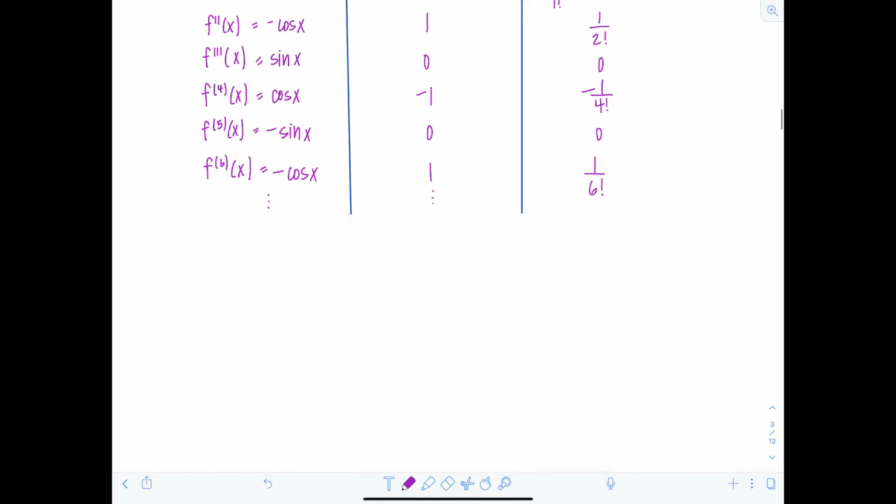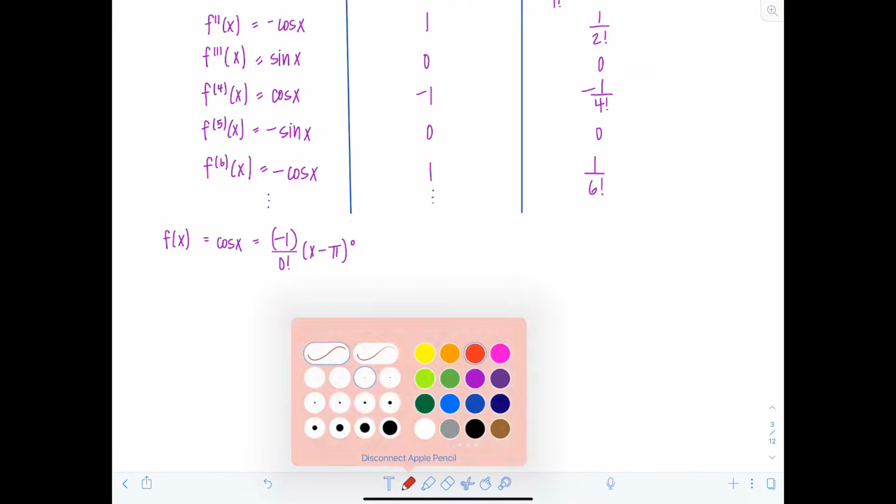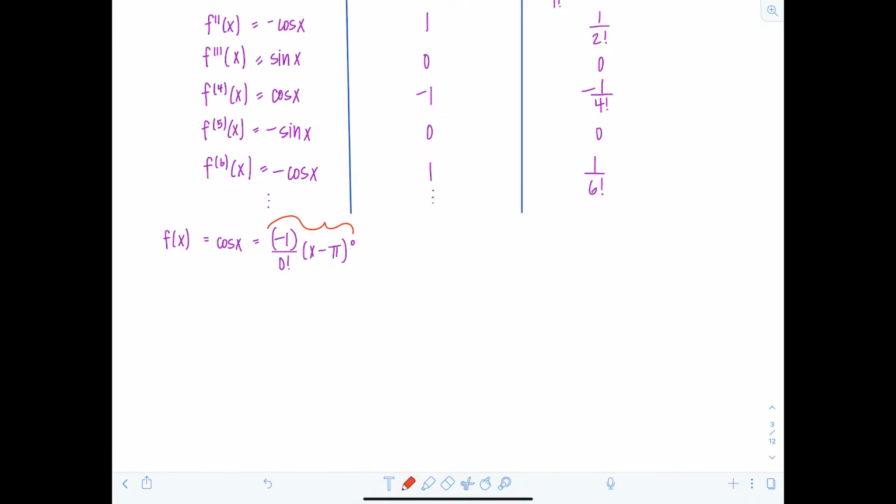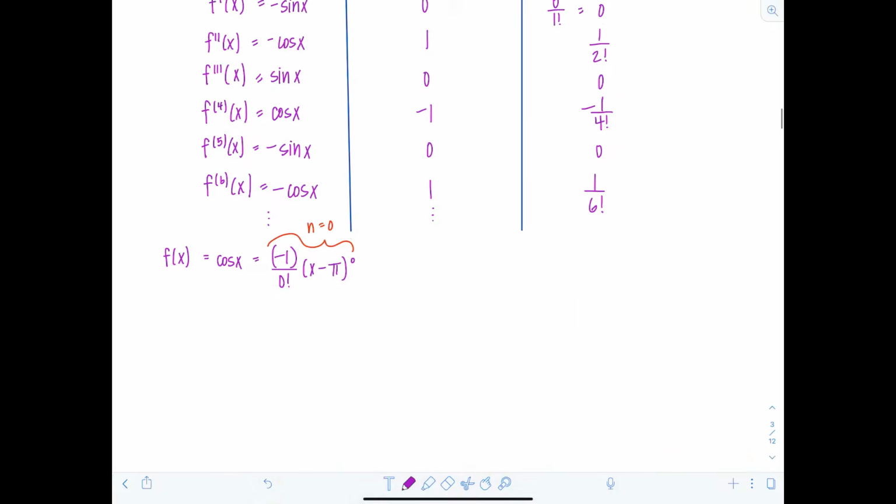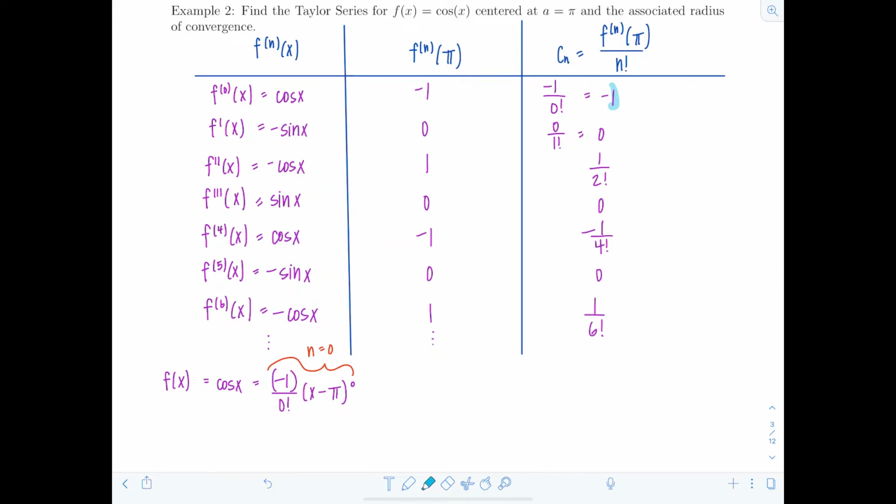Okay, so f of x, which is cosine of x, is equal to, so the first term was negative 1 over 0 factorial times x minus pi to the 0. This is for n equals 0. That's from this guy right here.